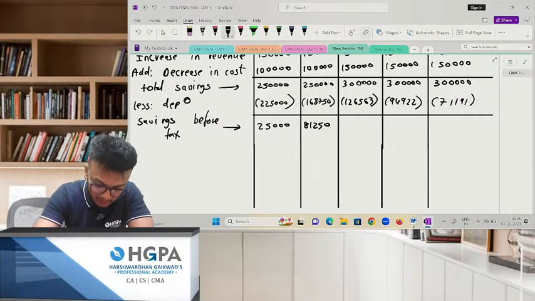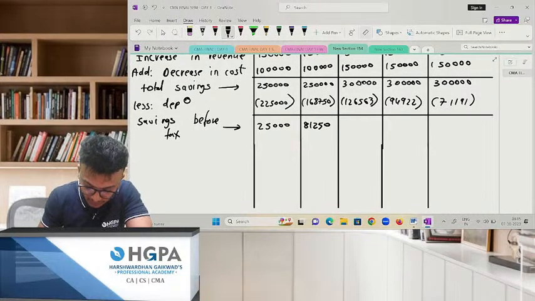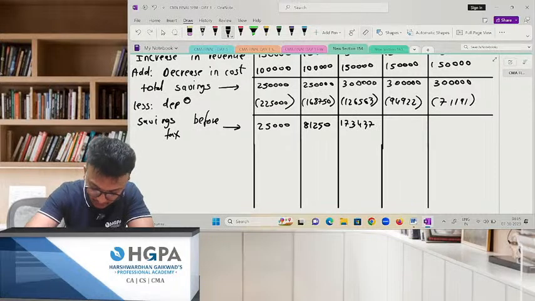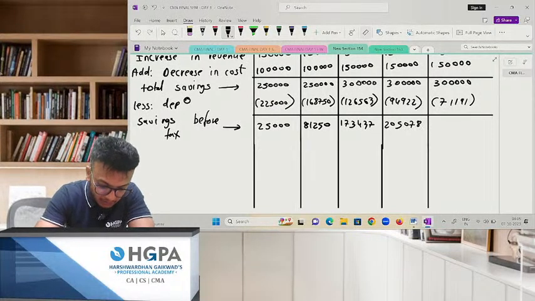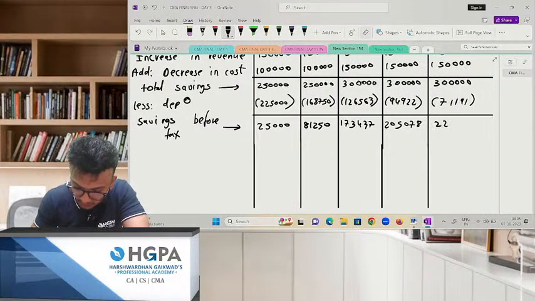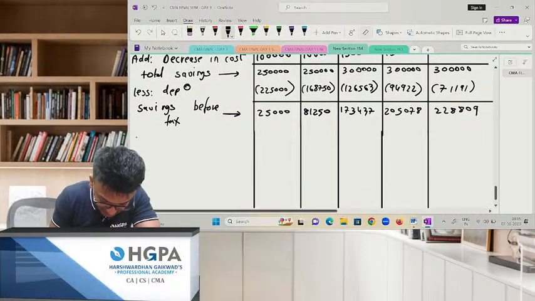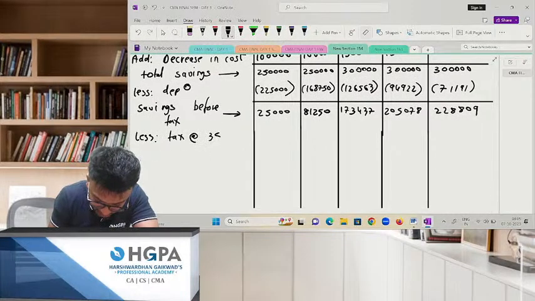Next 3 lakh minus 1,26,563. This will be 1,73,437. 3 lakh minus 94,922. This will be 2,05,078. 3 lakh minus 71,191. This will be 2,28,809. Okay. Now less tax at the rate of 35%.